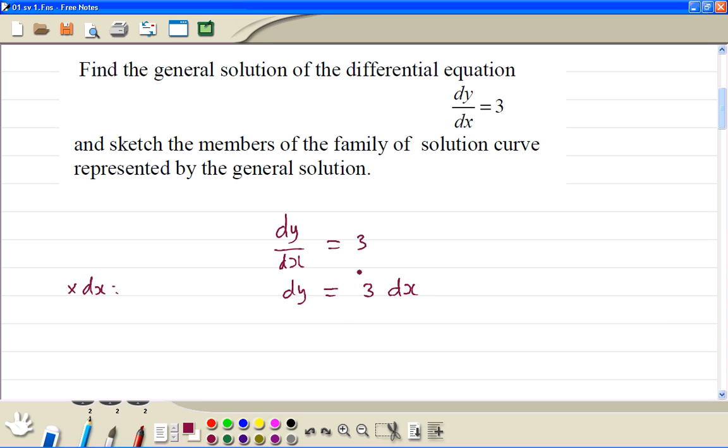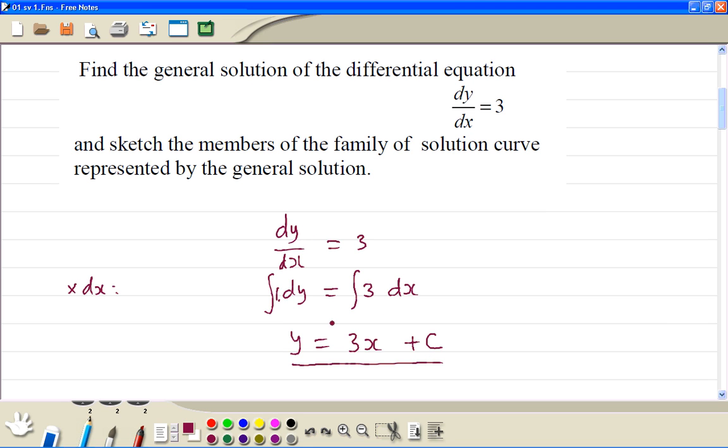Then we include the integral sign on both sides. We integrate 1 with respect to y, we get just y, and we integrate 3 with respect to x, we get 3x. Then you add the arbitrary constant c, and this gives us a general solution to this differential equation.